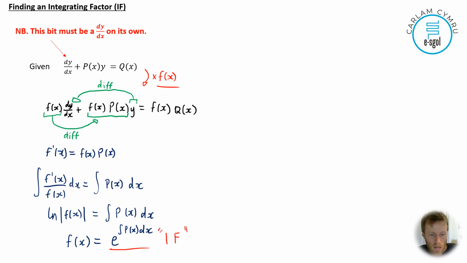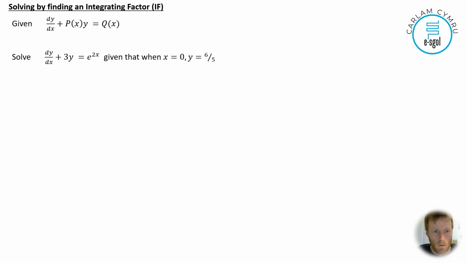Okay, and we'll have a look at an example and using one now. So let's have a go at solving this using an integrating factor. Solve dy over dx plus 3y equals e to the power of 2x, and we've been given some initial conditions as well. Now, looking at what we were looking at previously, our function here, p of x, is the number 3 in here.